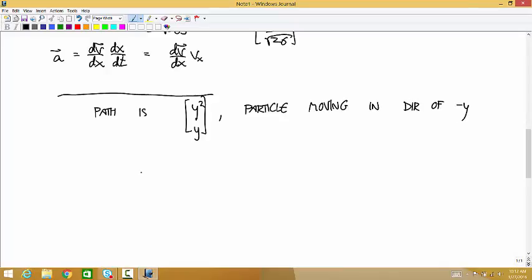Okay, so what would this function look like? It would look something like that, and the particle would be moving this direction.